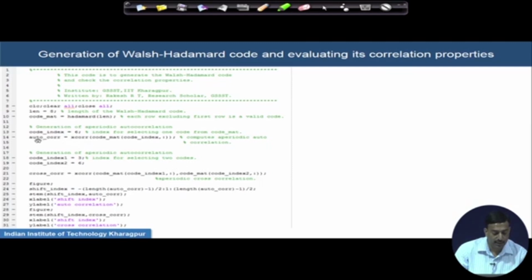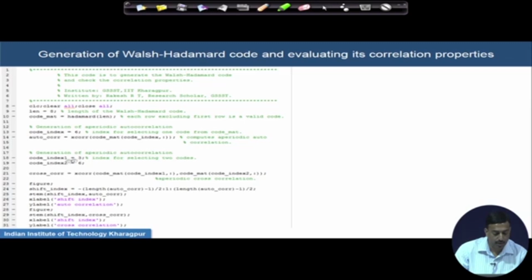In the first case, we are interested in plotting the autocorrelation of any given row, that is any given Walsh code from this Hadamard matrix. So we choose row number 6. You could change this and try out the plot, but in this case we choose the 6th code.